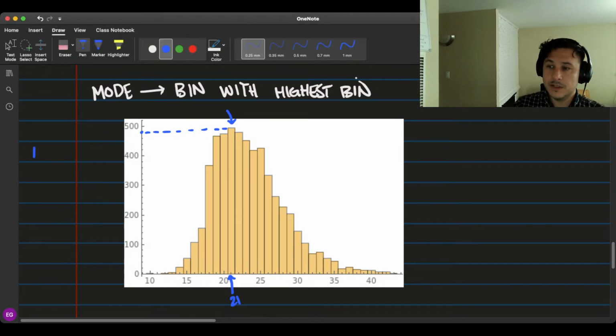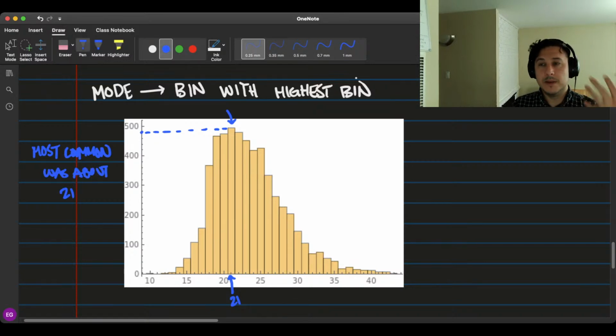In other words, what was the most common value? About 21. What was the most common age at which women first got married? 21 years old.